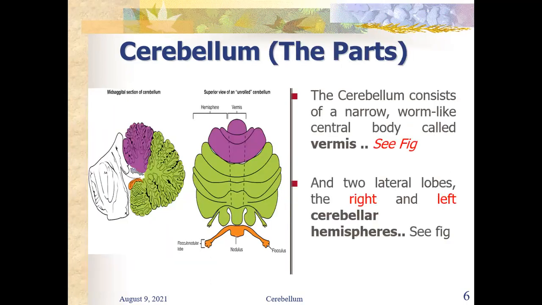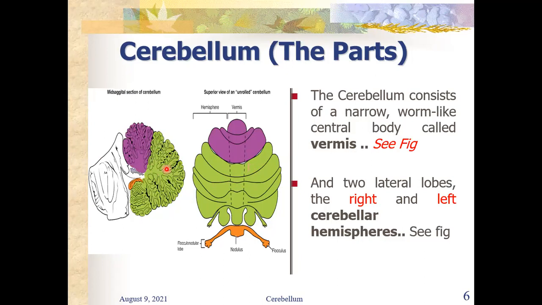So we run through the parts of the cerebellum very briefly. We shall see the vermis, which is the narrow portion of the cerebellum, then the cerebellar hemispheres. This is a superior view of the cerebellum, and this is a mid-sagittal view.